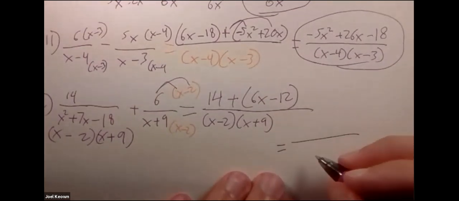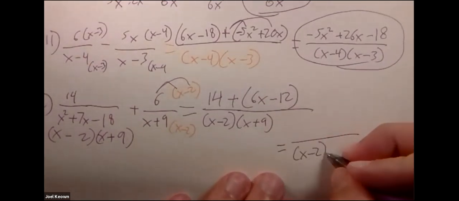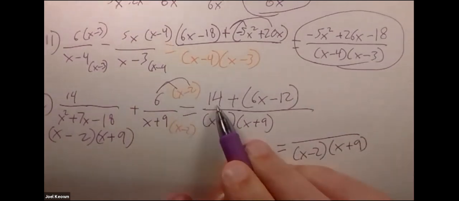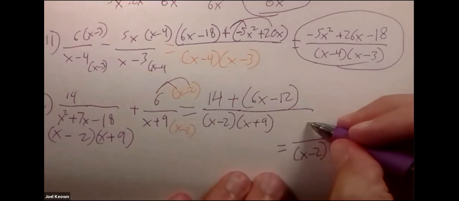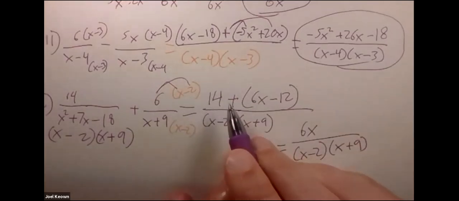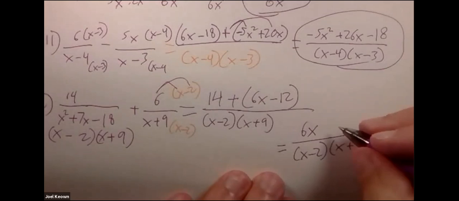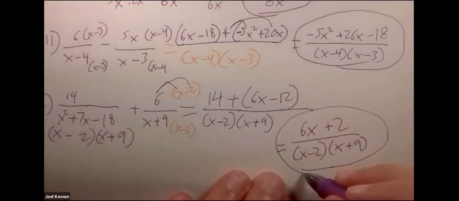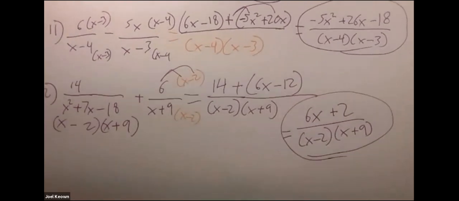What does that leave me with? Well, I'm going to leave the denominator x minus 2, x plus 9. Sorry, let's start with the highest power. 6x, 14 plus negative 12 is 2. And that is 7.